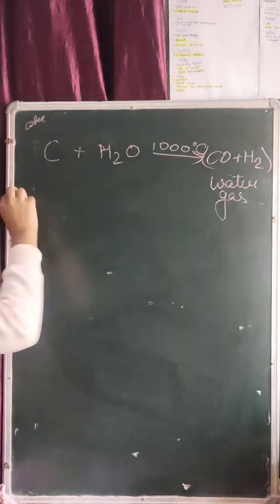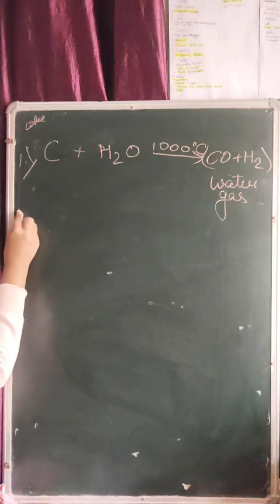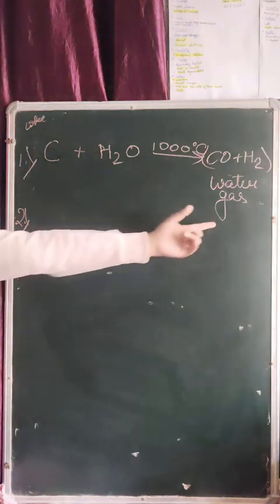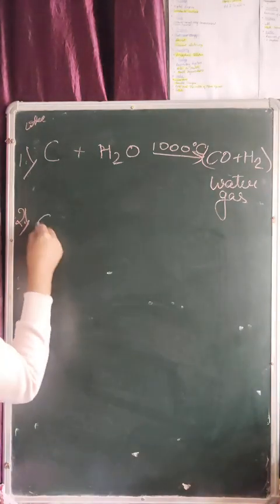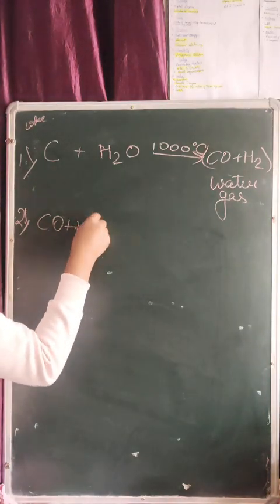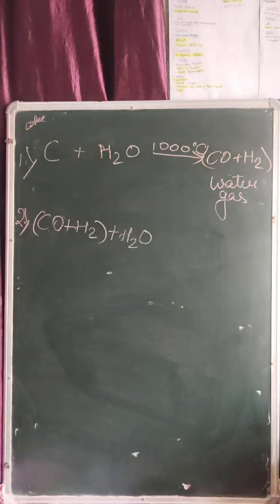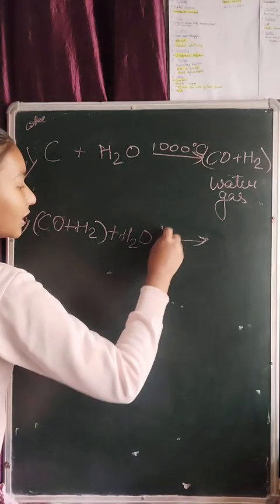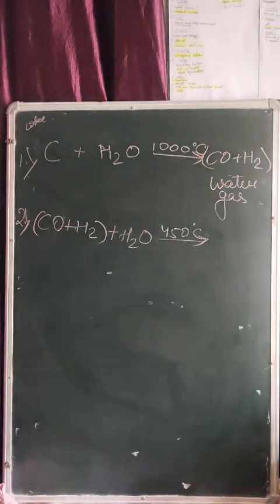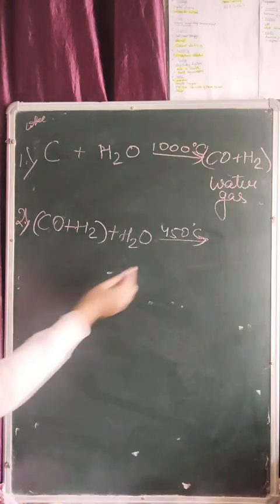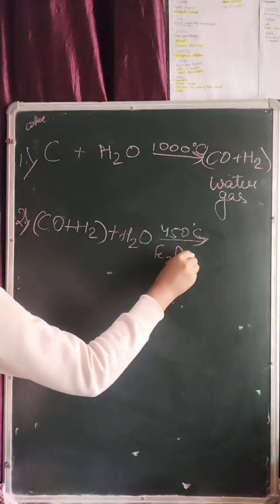The preparation of hydrogen using this is the first step. Then we have the second step. We pass steam again through this water gas, which is CO plus H2, at 450 degrees Celsius along with the catalyst ferric oxide, Fe2O3.